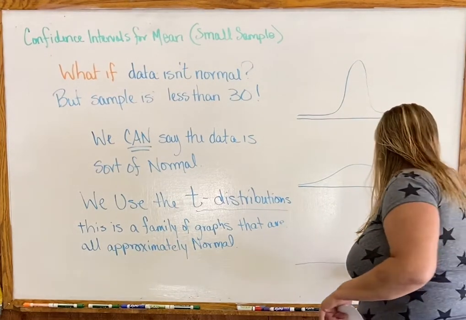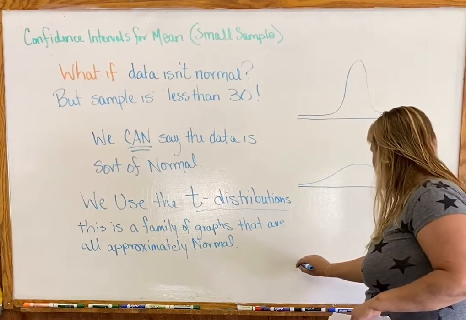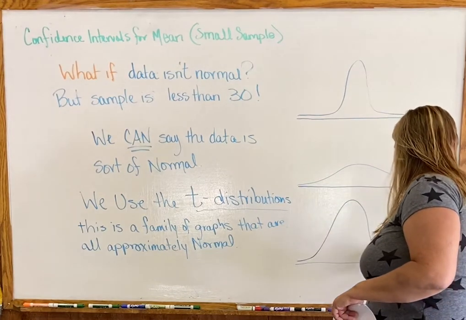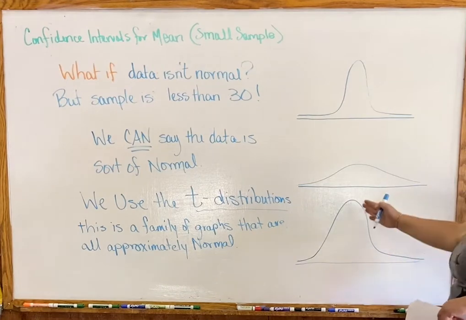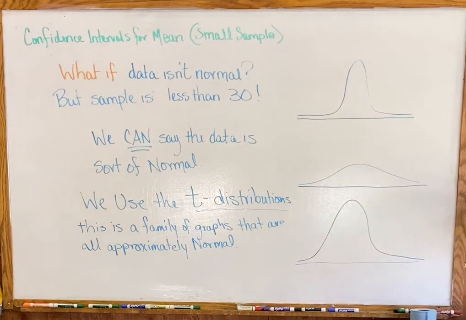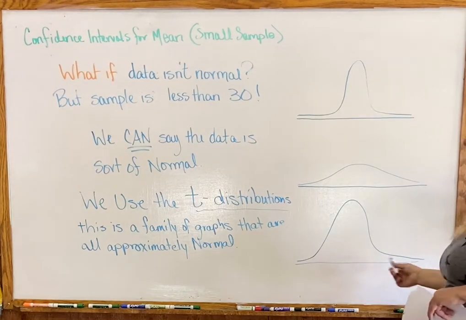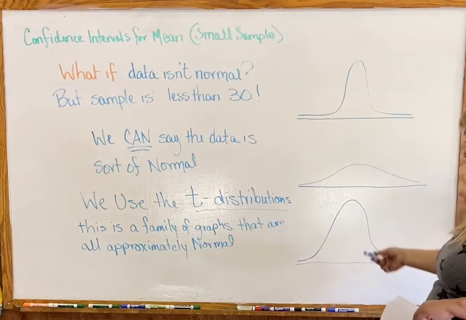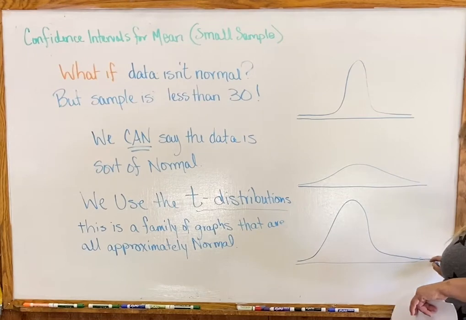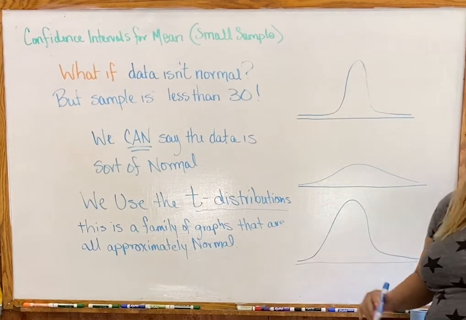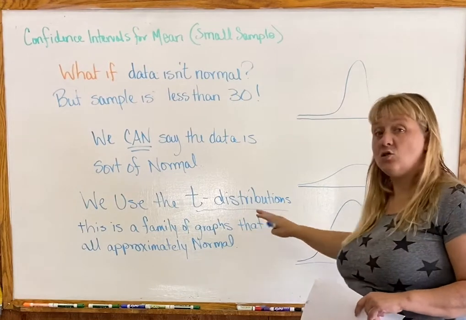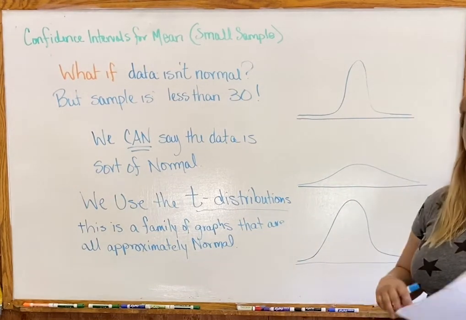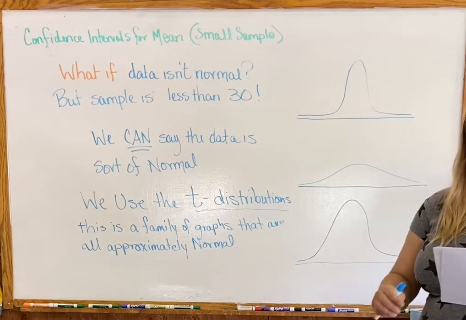Or another common one would be if we go to graph, and we've seen this a bunch, we see something like that, right? So we end up with a tail on one side. If you step back, it doesn't look bad, but is it perfect? Is it really symmetrical? This tail is going out a little ways. I don't know, okay? So these are examples of graphs that would fit into the t distribution, which are the guys that are approximately normal.